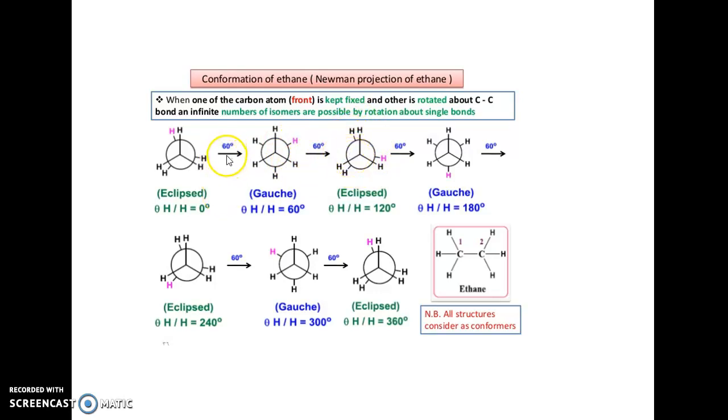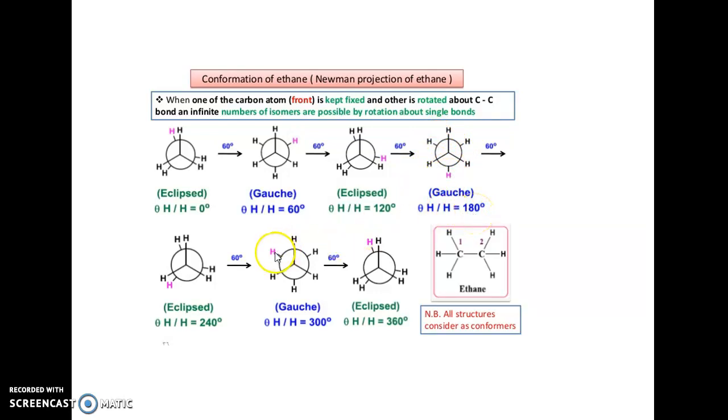So here the angle is 60 degrees. If it is rotated further, the angle will become 120 degrees. Once again, if you rotate by another 60 degrees, you will get the staggered conformation, and the angle will be 180 degrees.